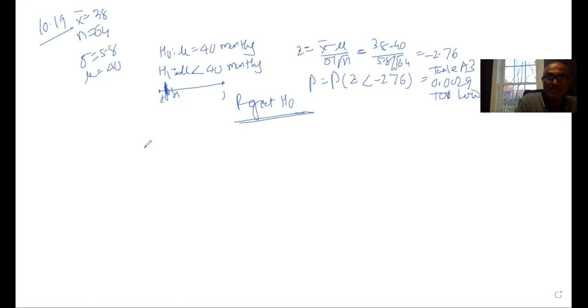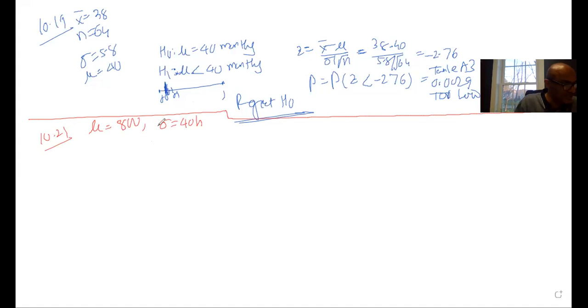So here my whiteboard says example number 10.21. Here I'm given my nu value is equal to 800, my sigma is equal to 40 hours, and my X bar is 788, and I have my H0: nu is equal to 800.